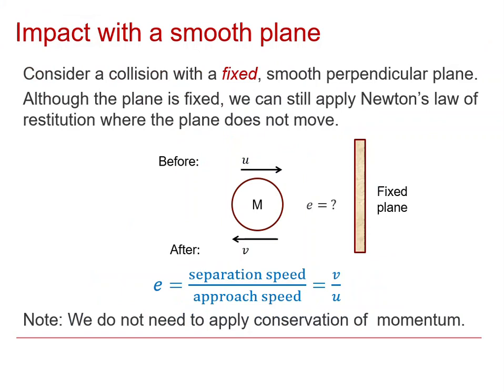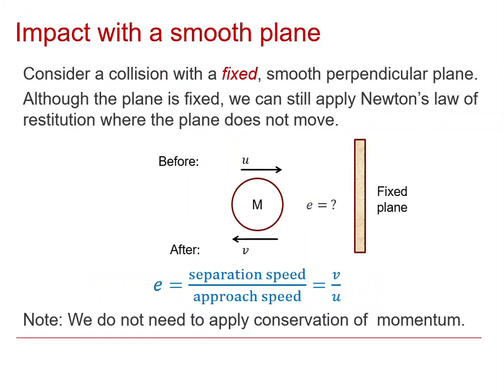Here's a first diagram representing an object bouncing from a wall. The velocity of approach, that is to say the velocity immediately before impact, is u meters per second towards the wall, perpendicular to it, and immediately afterwards it's v meters per second away from it.